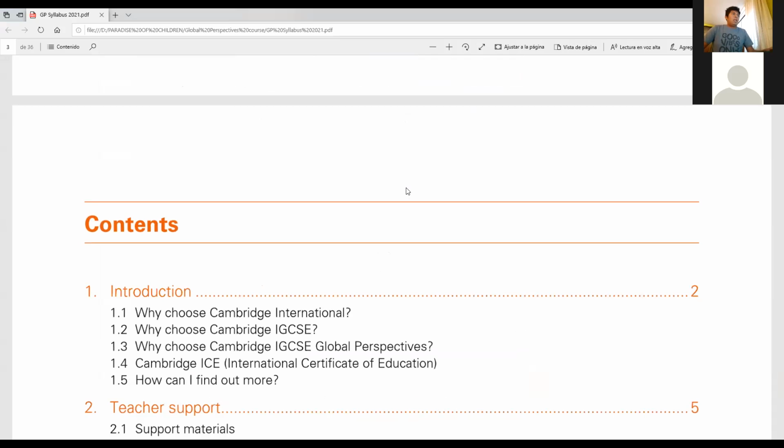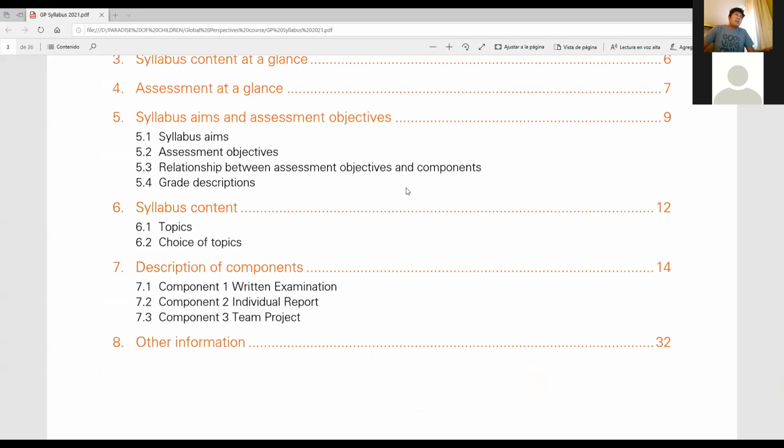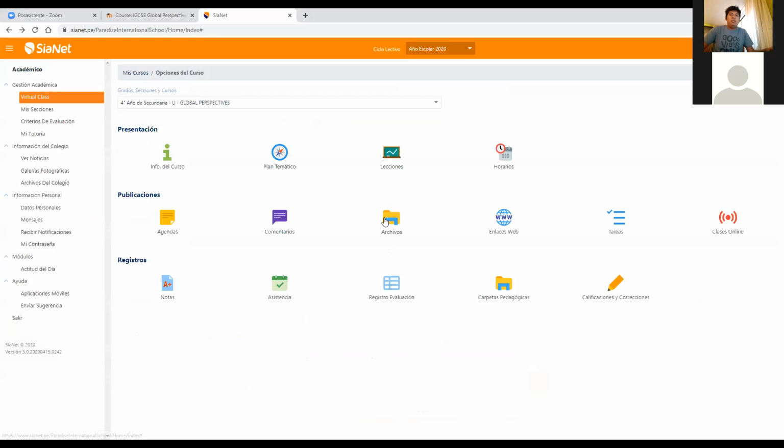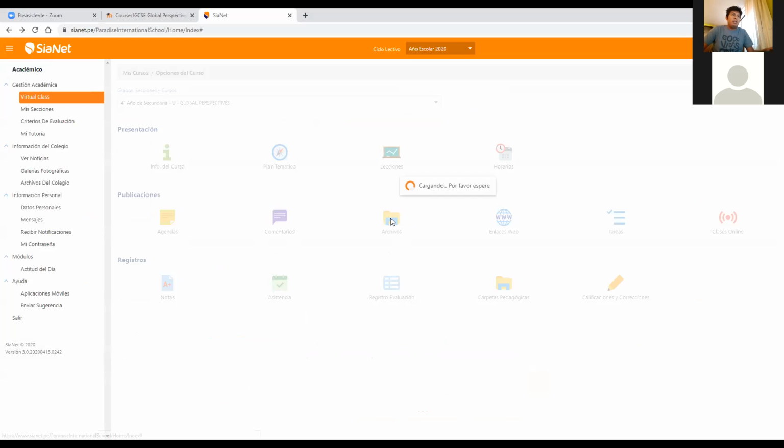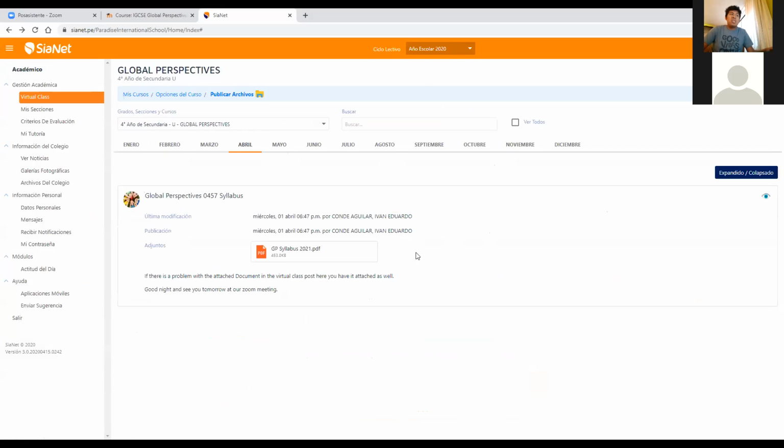If you don't know where to find the syllabus, it is also on CIANET. In the agenda, in the files, GP Syllabus 2021.